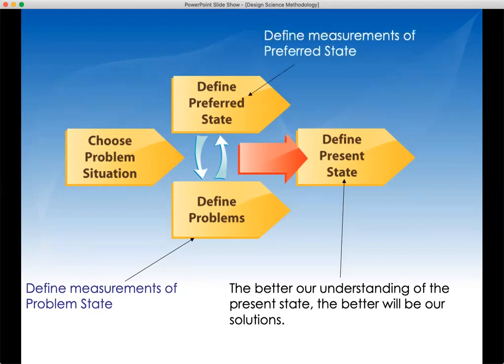And you want to define measurements of the preferred state. For example, if you choose a problem and let's say it's hungry people, well, the obvious, simplistic solution is, we don't have enough food, let's grow more food. That'll solve the problem.